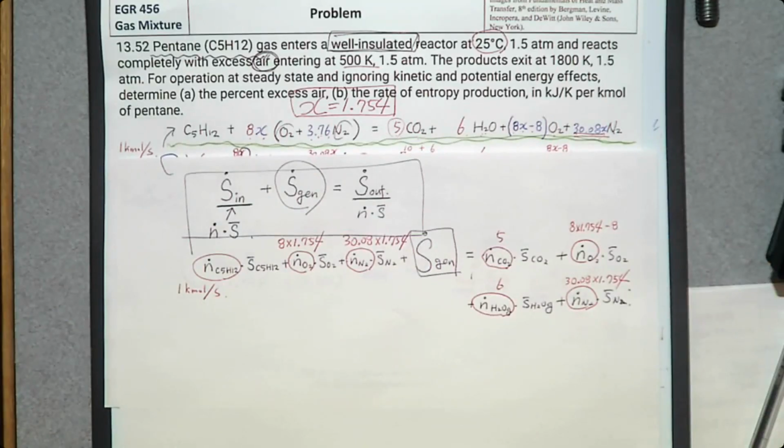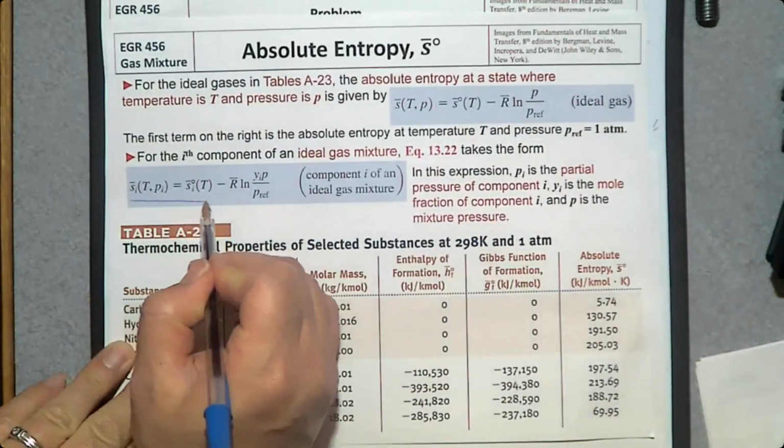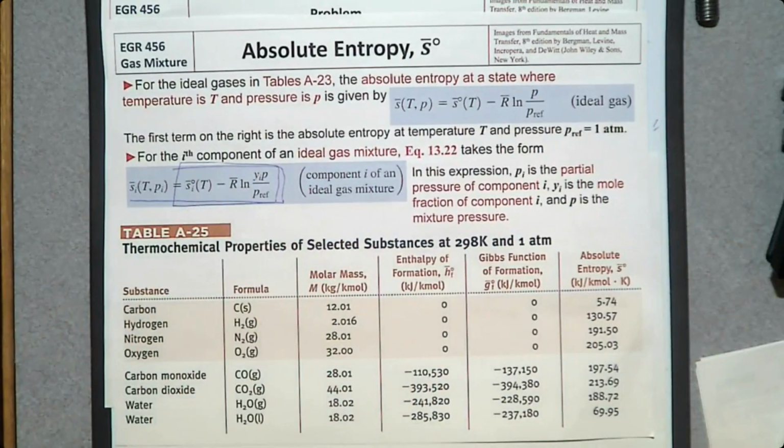And now, how can we determine S bar? S bar can be determined by this equation. S bar degree, the absolute entropy, can be found from the last column of table A-25, minus the gas constant times natural log of partial pressure over reference pressure.